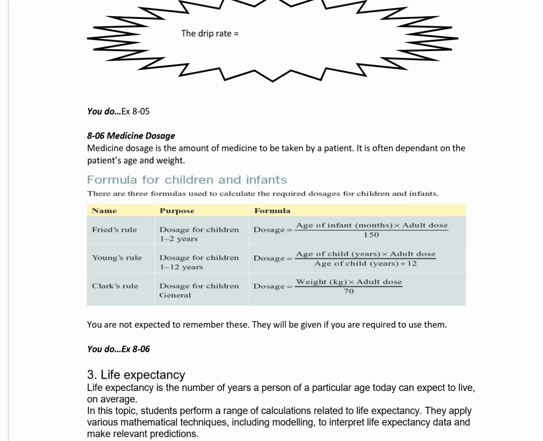Well, exercise 806, as you can see, is talking about medicine dosage. Now, really, this is just an algebra exercise. So the dosage will be determined by a formula, and you will be substituting into the formula.